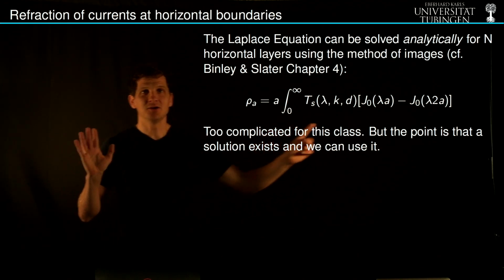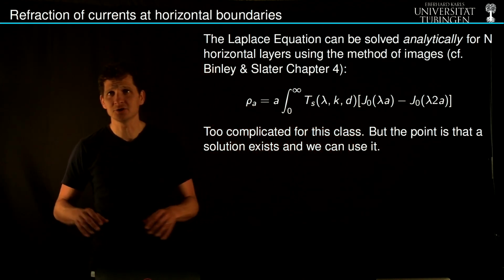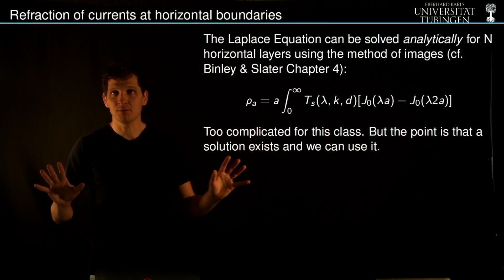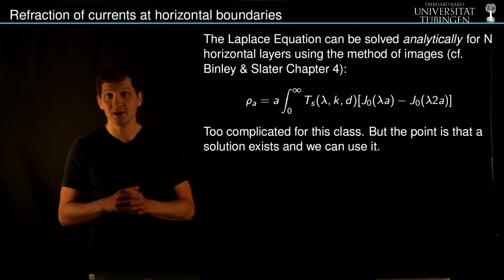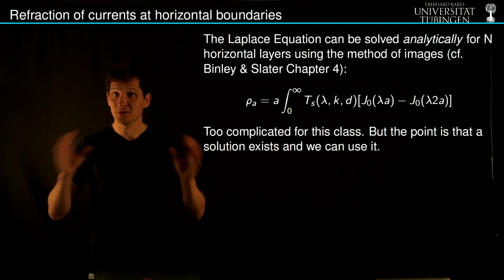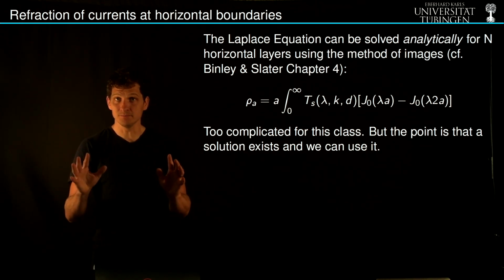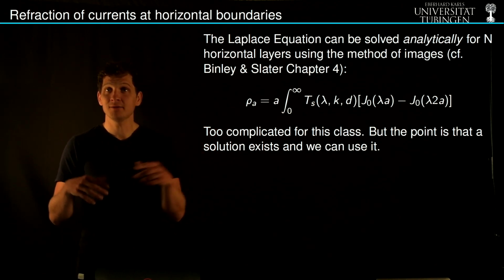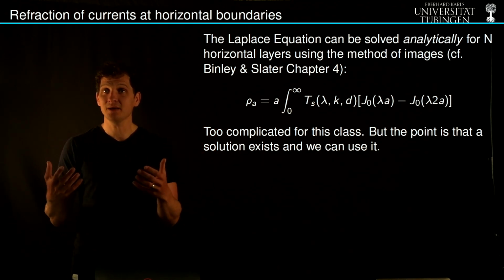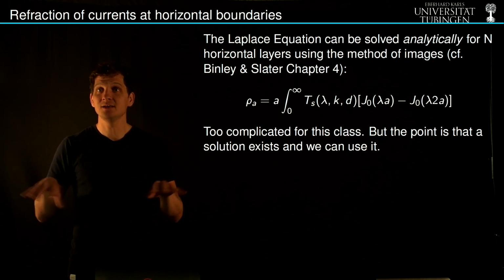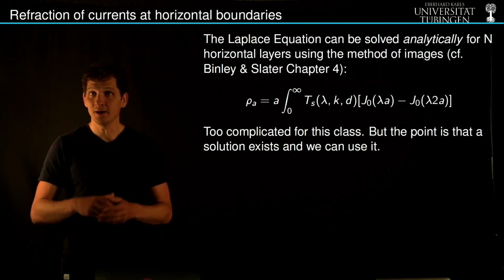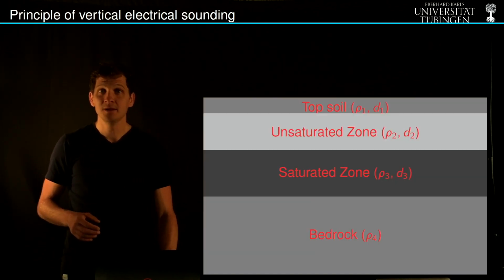And those J's are Bessel functions, and so on. Way too complicated to derive this solution in this introductory class. But the takeaway is there is a solution for the apparent resistivity, which you can expect if you have a horizontally stratified media. And you can use that solution.